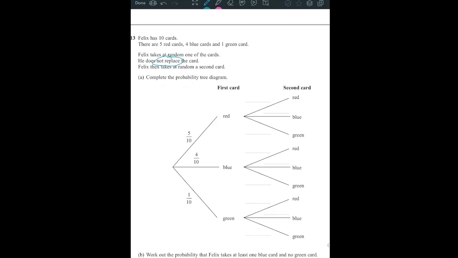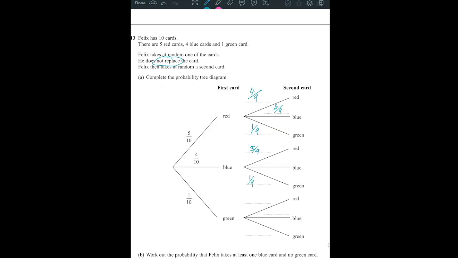So if he took a red one to start with, we now only have 4 red left. There are only 9 left in the pack. If we took a red first, we still have 4 blue, and we still have 1 green. So those two didn't change. If instead we took a blue with our first pick, then the red and the green didn't change.